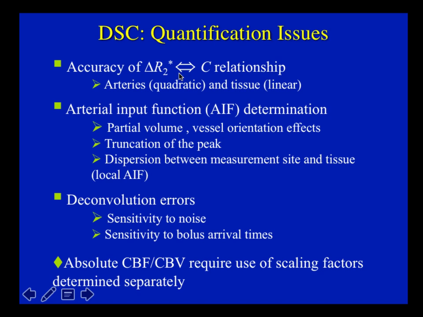For example, in the beginning we assumed that the change in the relaxation rate with concentration is linear for arteries and tissue, but that assumption may not be strictly correct, and if that's the case, then we will introduce some errors there. And also the arterial input function that we determined is sensitive to partial volume and the vessel orientation effects, and also sometimes the peak of the arterial input function can be truncated.